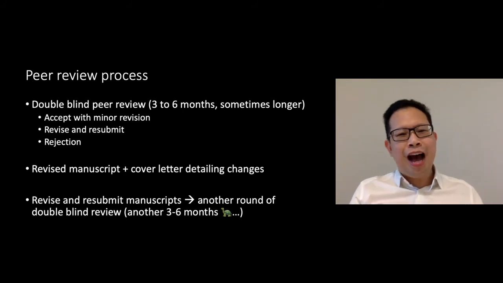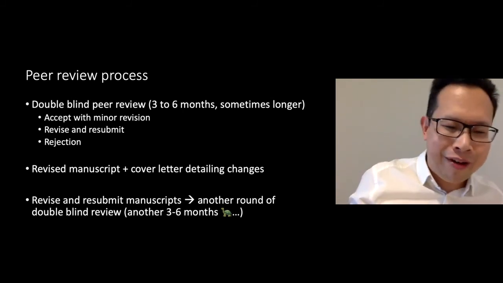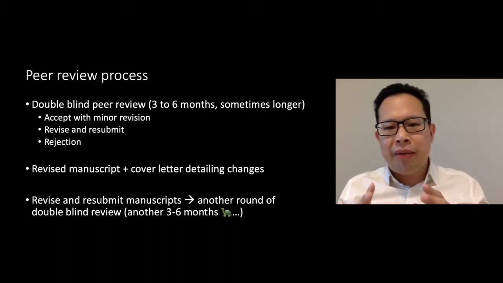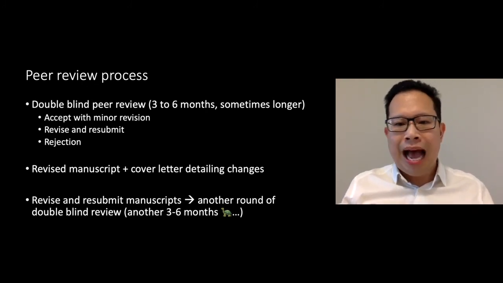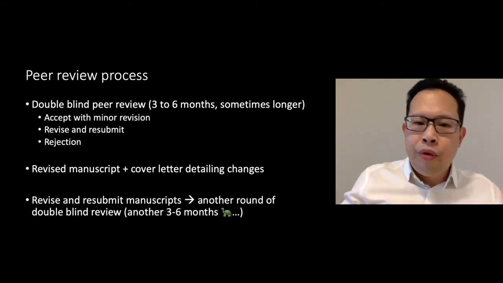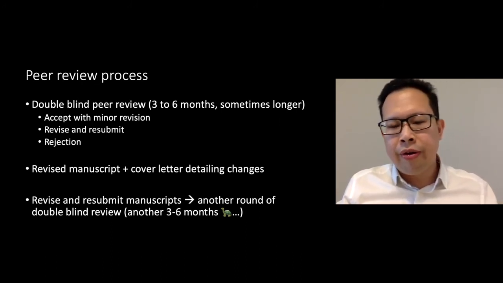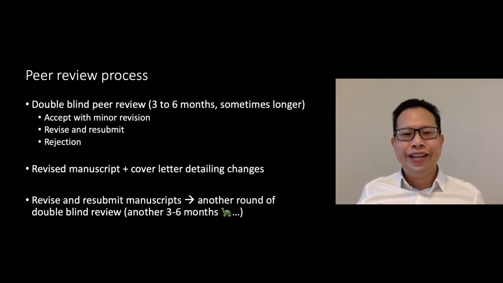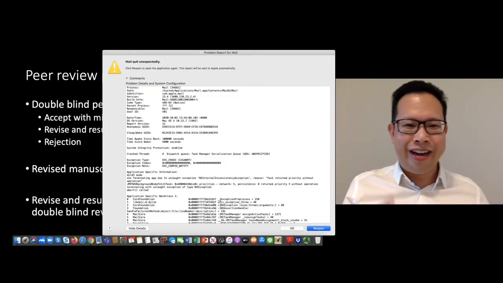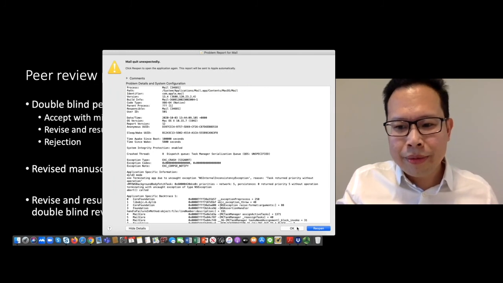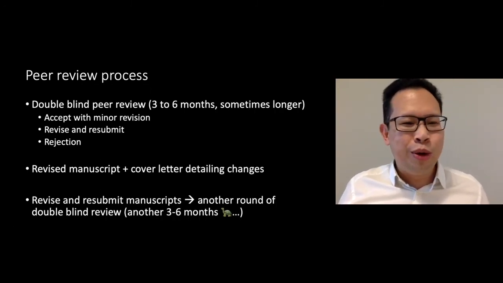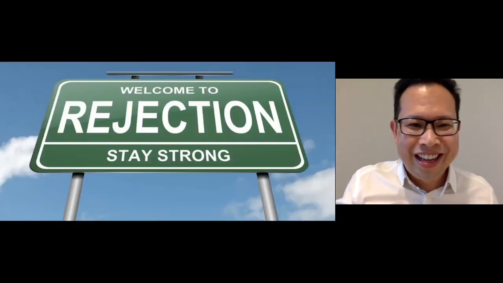But of course, there are also times when you have a revise and resubmit situation. For a revise and resubmit manuscript, sometimes it is sent out for another round of double-blind review, and that might take another 3 to 6 months, and again sometimes longer. So fingers crossed, it's always a lot of waiting and hoping things will work out well.